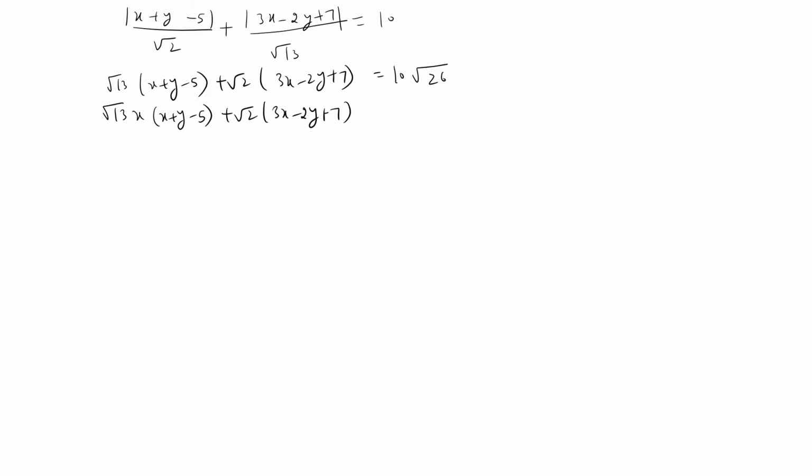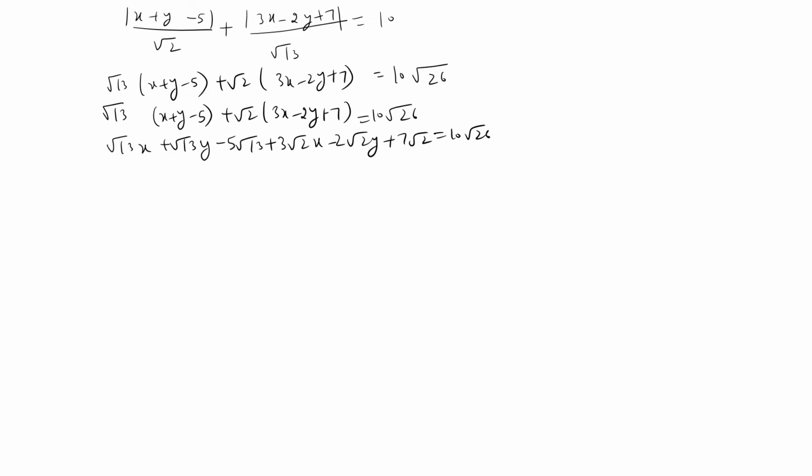If I open it, it becomes root 13x plus root 13y minus 5 root 13 plus 3 root 2x minus 2 root 2y plus 7 root 2 equal to 10 root 26.